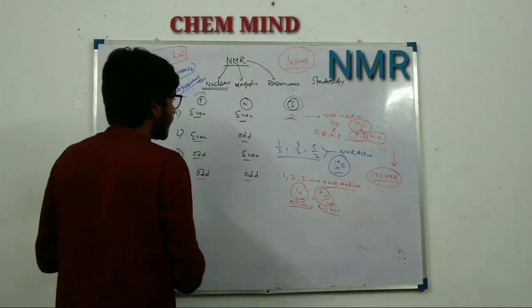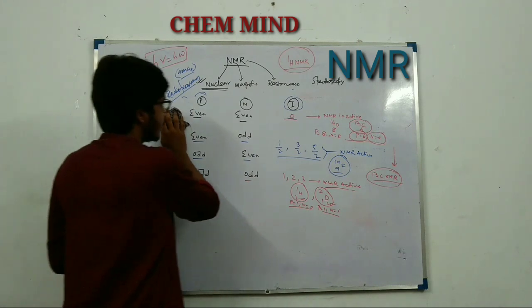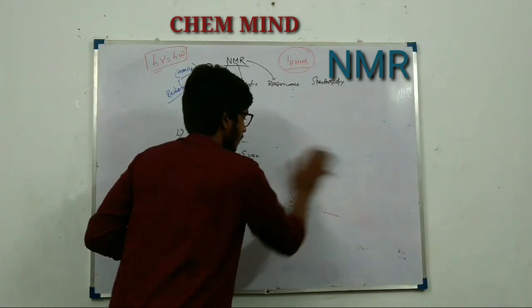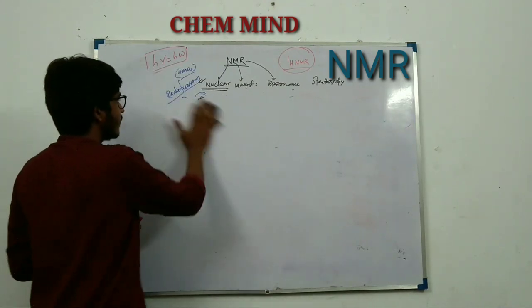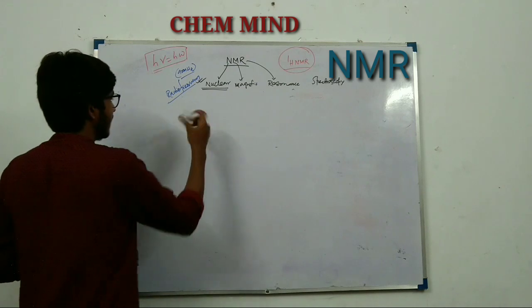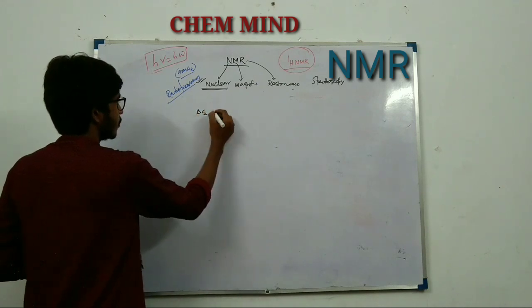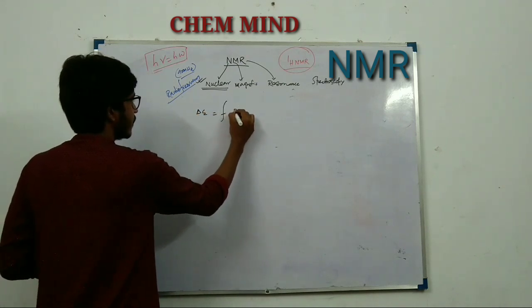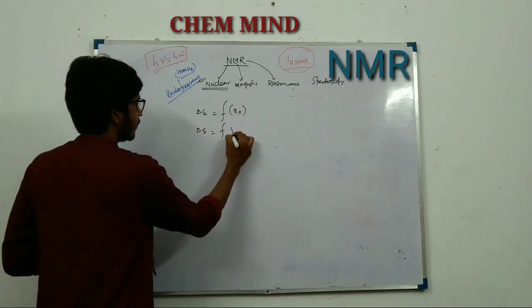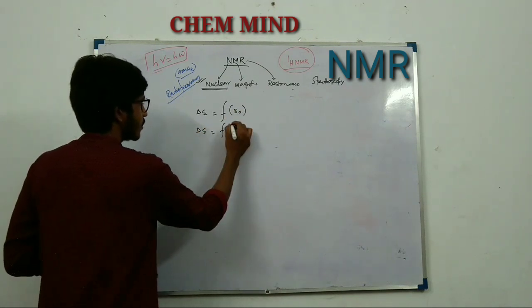To quantize this type of nuclei, we have a formula like this. Basically, delta E is a function of B naught, so delta E equals a function of gamma times B naught.